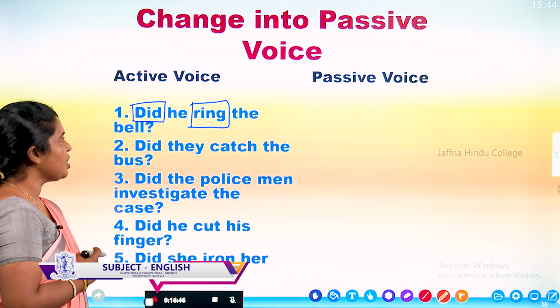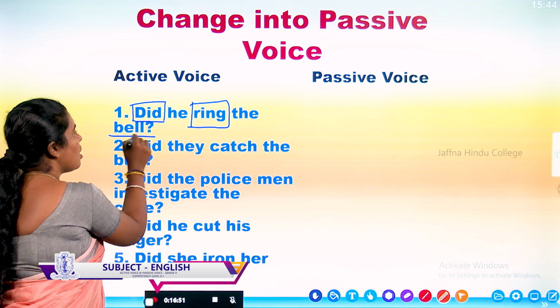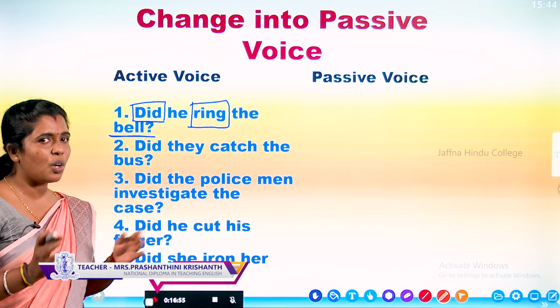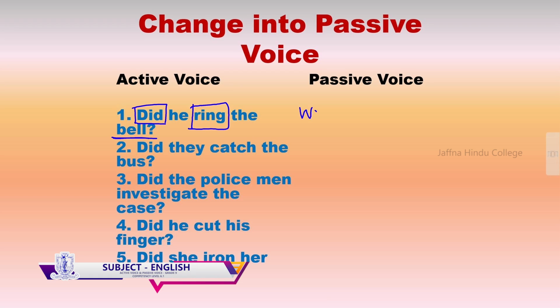So, how will you change? You have to choose the object. The bell is the object. So, which one is the correct helping verb? Was or were? Was is the correct one. So, was the bell. Now, come to the verb. What is the past participle form of ring? Rung. Was the bell rung by whom?